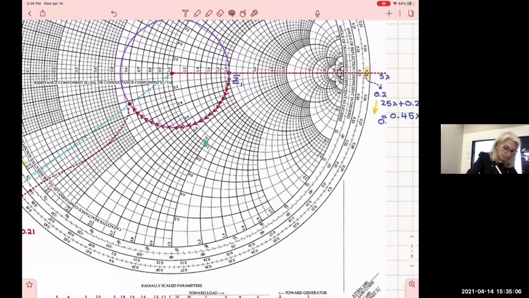Here. It's going to be on this that goes through 2. So practically this point is not there, but it's down here. That is my Z2 normalized. All right, is 1 minus J2.